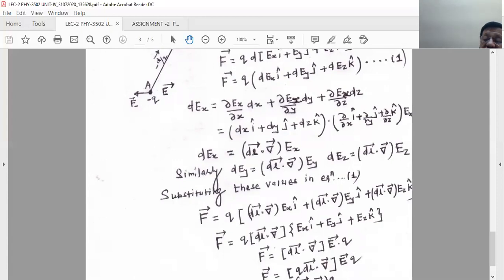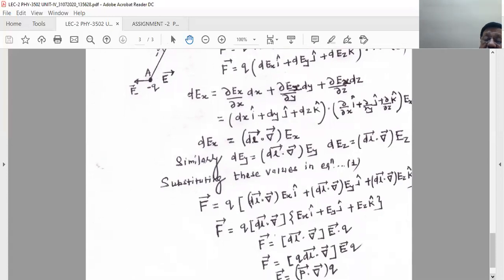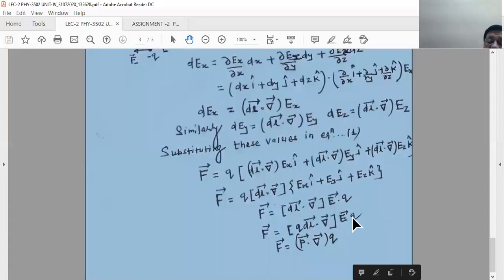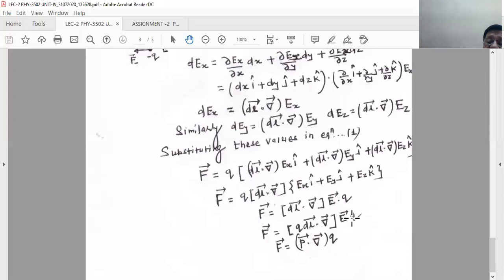Once again, I want to introduce the concept of dipole moment. So this is your vector dl. I can have a magnitude of charge q, so I can take the product of q with vector dl here. So I can rewrite this equation by writing q dl dot del operating on vector E. Please take care, there is a printing mistake.